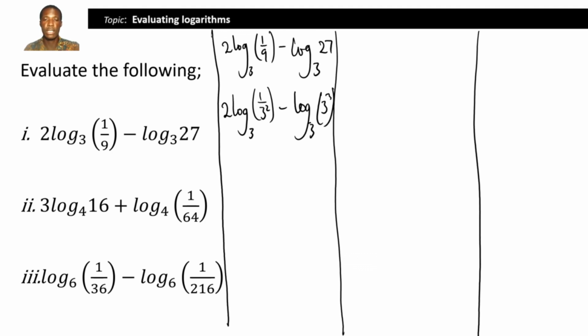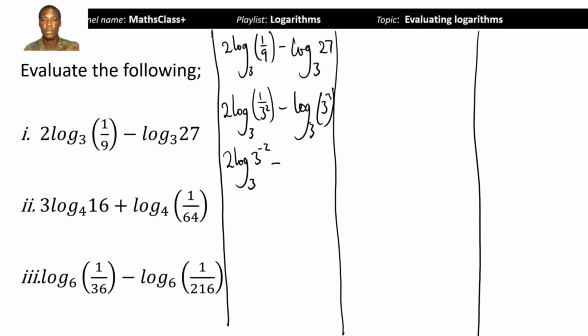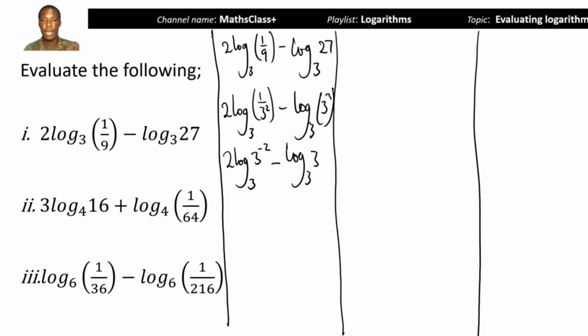So this gives us 2 log 3 to the power minus 2, and the base is 3, minus log to the base 3 of 3 to the power 3.